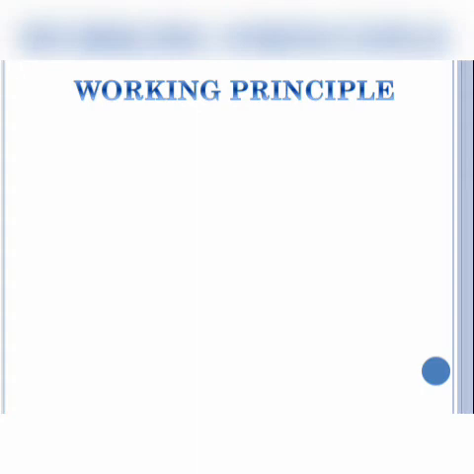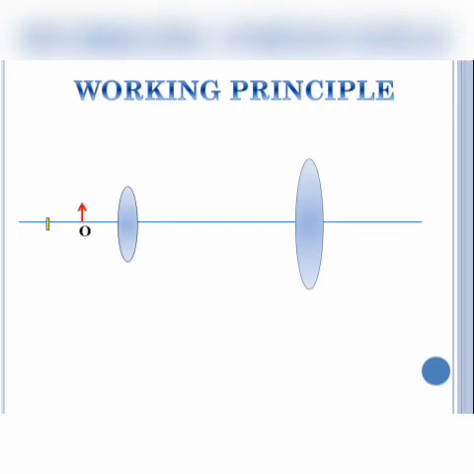Now we will discuss about the working principle of a compound microscope. Here the object O is placed just outside FO, which is the focus of the objective lens. A real inverted and magnified image I1 is formed. It acts as object for the eye lens.